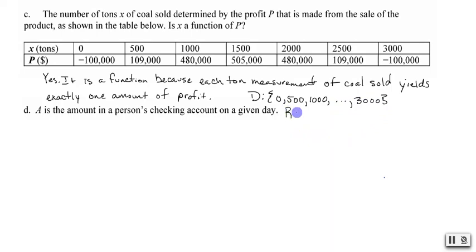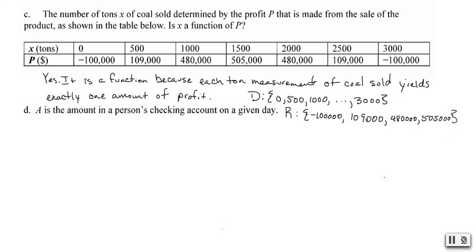And your range is going to be negative 100,000. Careful on the commas here. You might not want to include the separation commas there when you're doing your roster notation for the range. We've got 109,000, 480,000, and 505,000.